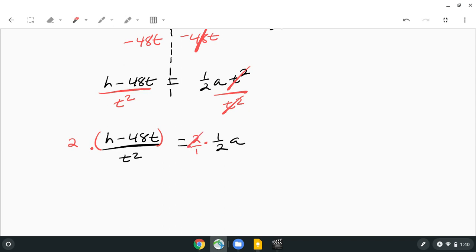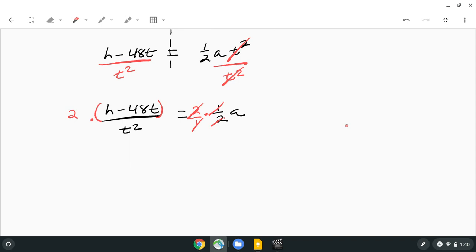All right, so the 2's cancel, 1's cancel. So here I'm left with, you can either leave it like this. So there's your answer for A.